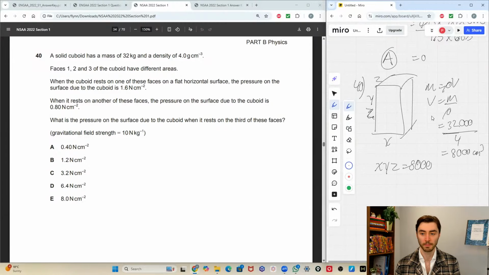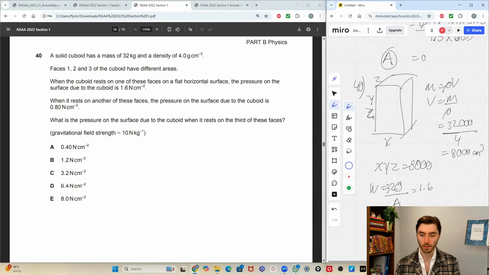So the pressure, okay, the mass is 32, so the weight is 320. And that over one of the areas is equal to 1.6 newtons.